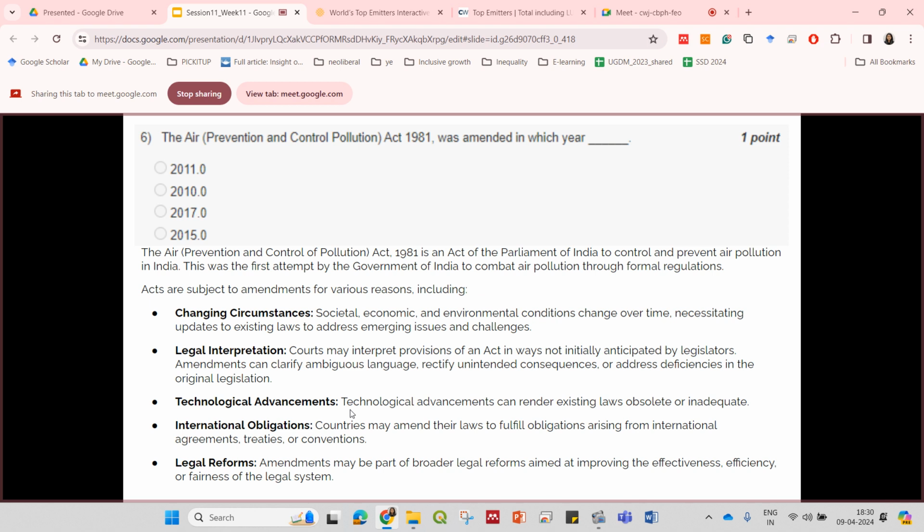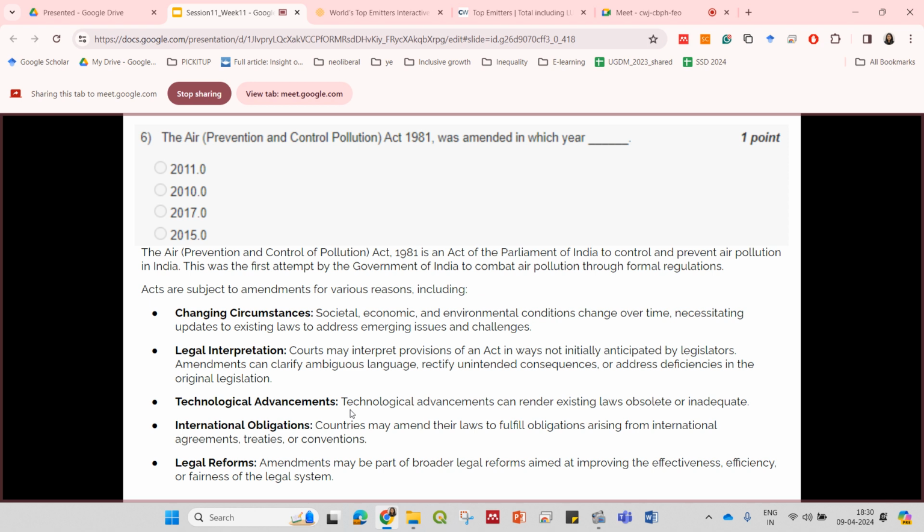Next is legal interpretation. After the enactment of the act, some court might interpret that the provisions of a particular act are not functioning as they were initially anticipated by the legislators. So for that, an amendment can happen.